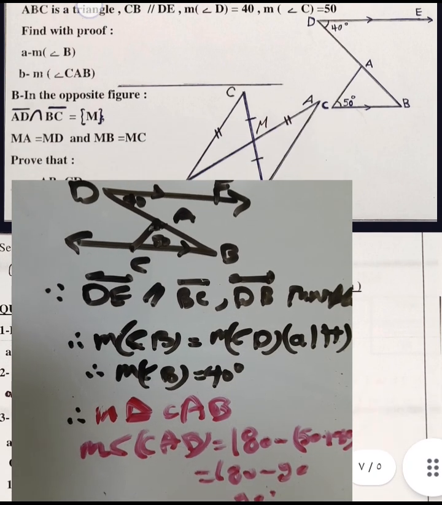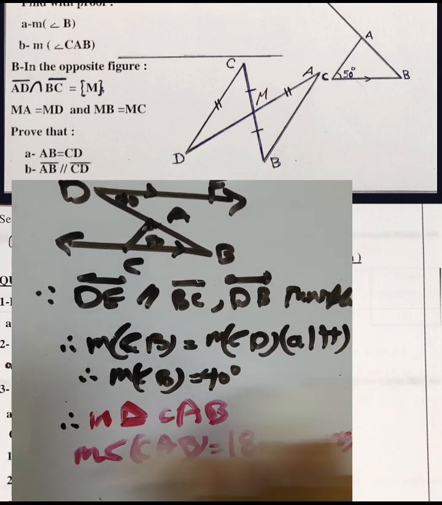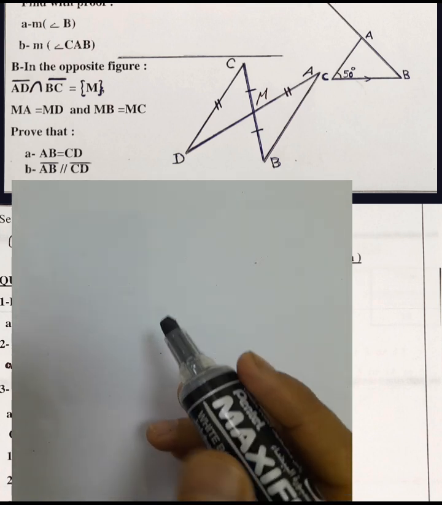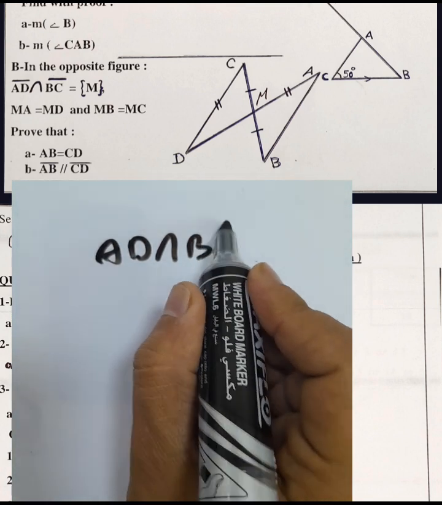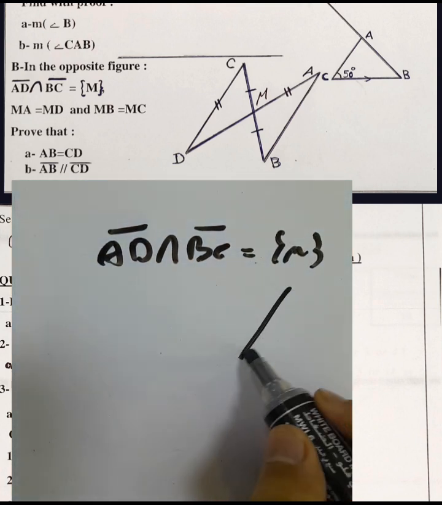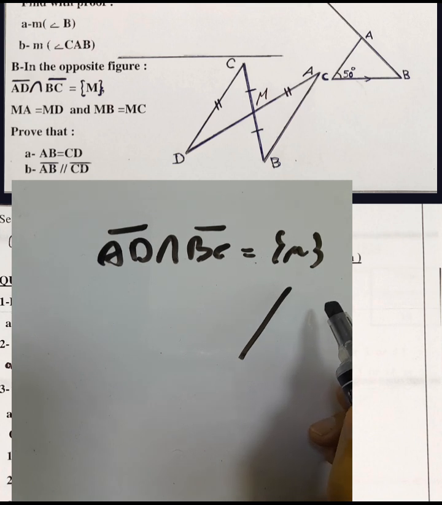Next question, letter B. In the opposite figure we have EB cut BC at the point M, and we have two triangles here. Prove that these two triangles are congruent.